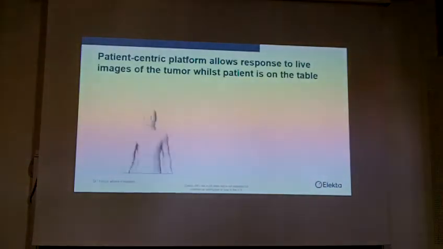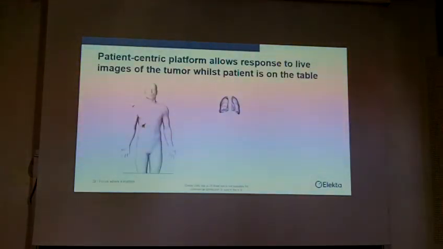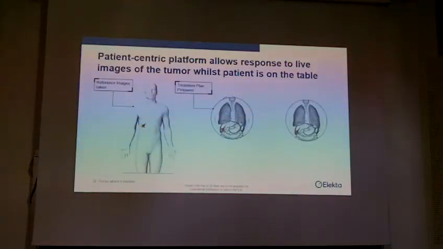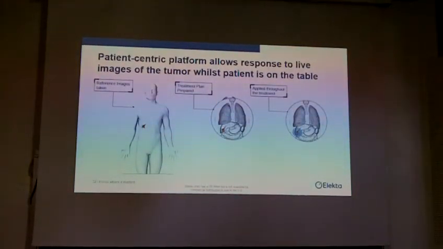Very shortly about how we think that this patient-centric platform will allow you to respond to live images while the patient is on the table. In today's radiation therapy, typically the treatment plan is prepared before the treatment and applied throughout treatment delivery.